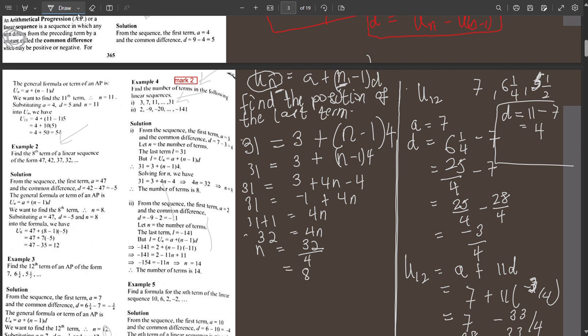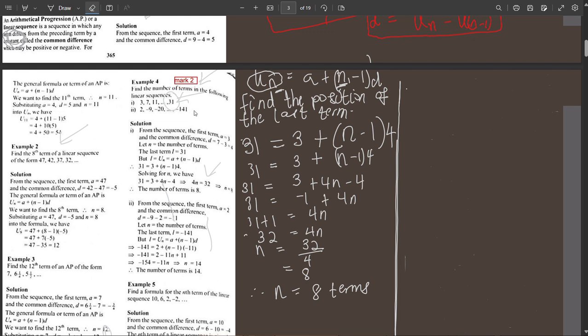So 31 is the 8th term, and it's the last term. So we have how many terms in there? We have 8 terms. The solution is just here. So our answer is right.